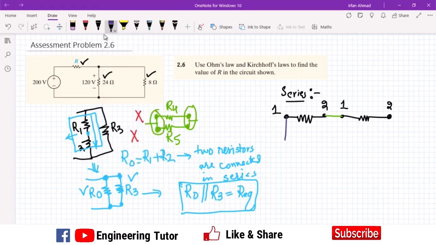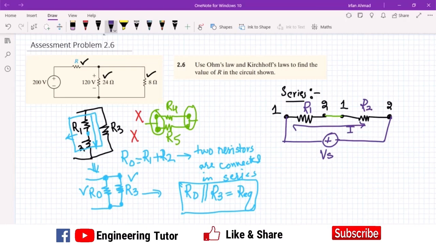Now when we connect them to a voltage source or a power source, this is a DC source, V of S, this is R1, this is R2. There will be the same current flowing through R1 and R2, so it means both the resistors are in series.